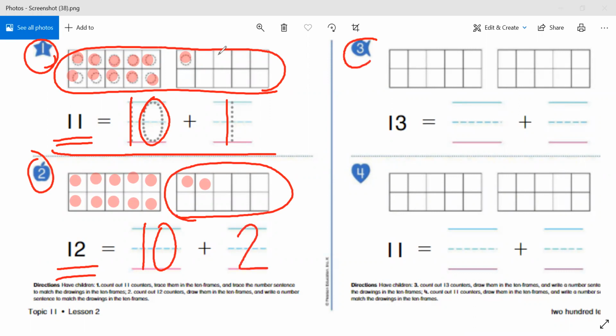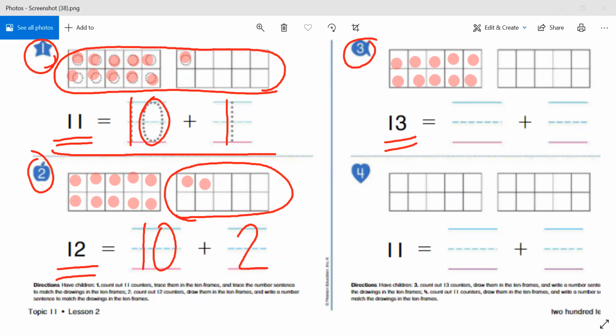All right, let's look at number 3. Number 3 says count out 13 counters. Draw them in the 10 frames and write a number sentence. So let's put in our counters. Remember, we don't have to count the first one. We know that we're going to fill it up with how many? 10.